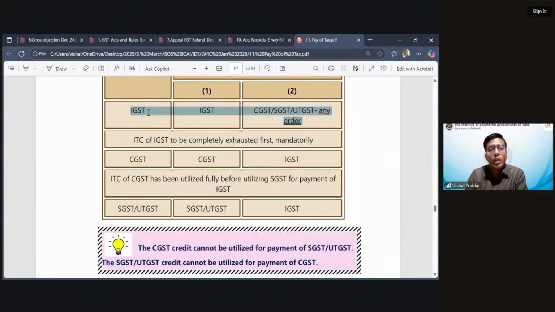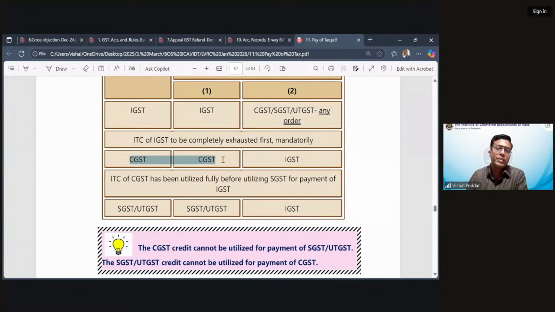Now, if after utilizing the IGST credit for IGST and maybe to some part CS, now IGST is completely zero, but you still have payments to be done of CNS, then the second credit that you have to use compulsorily is of C. Now, C credit has to be first utilized for C. And let us say your IGST payment was balanced.